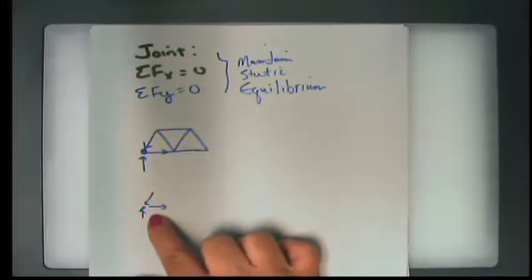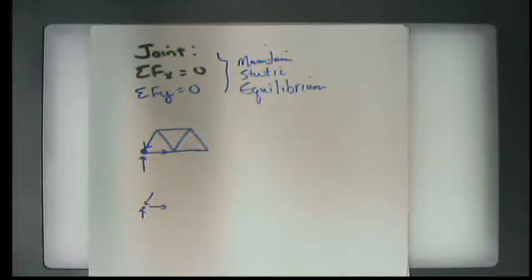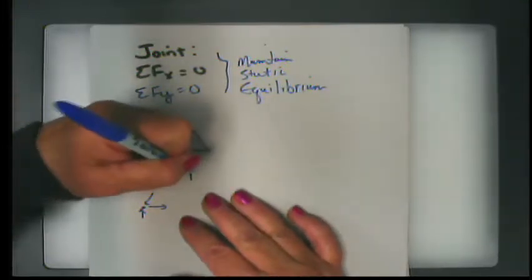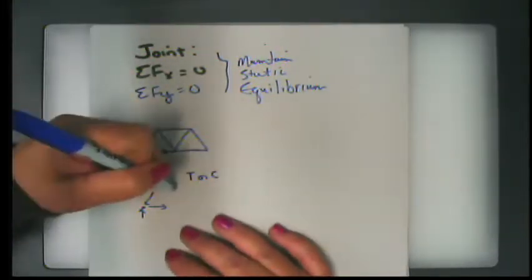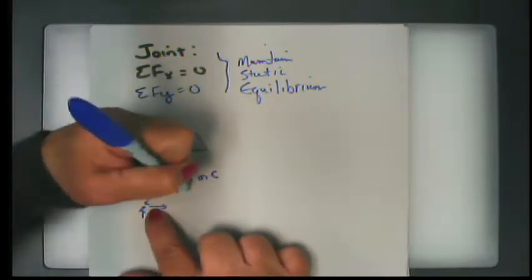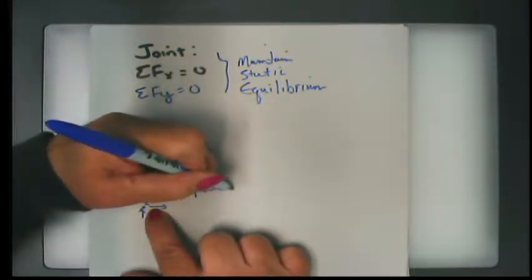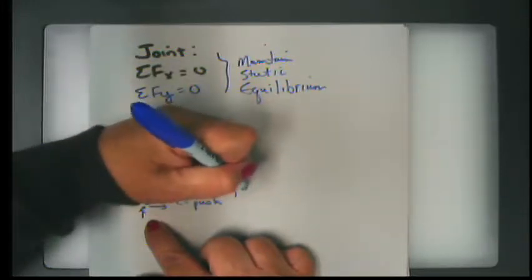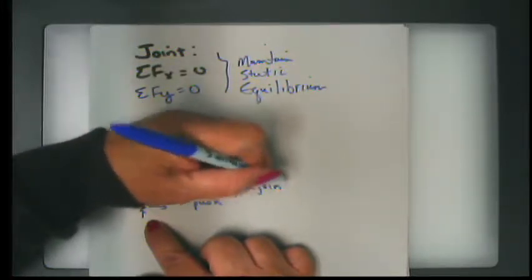In other words, the geometry of the forces is the same as the geometry of the truss. Now, when we talk about whether something is in tension or compression, if it's tension, it's pulling on the joint. And if it's compression, it's pushing on the joint. Always referencing from the joint itself.